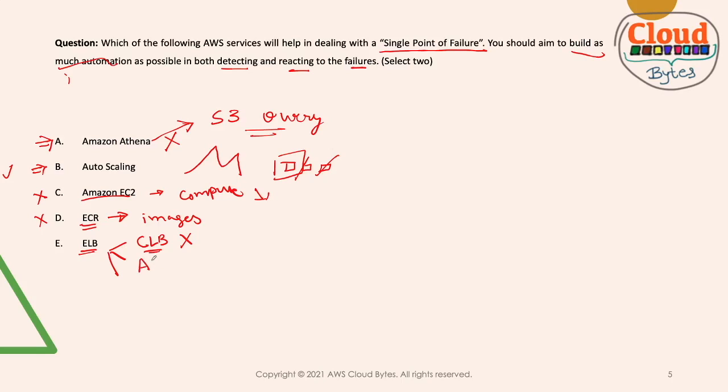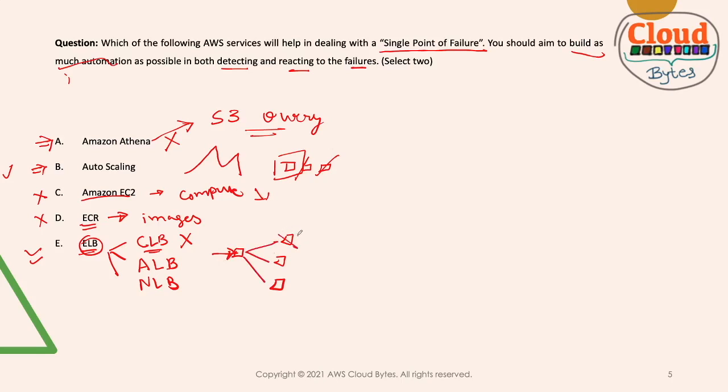There is ALB, which is Application Load Balancer, and then there is NLB, basically Network Load Balancer. So what ELB is doing is hiding your compute instances, any kind of compute that you have, behind one single point that it provides to the customer. So the customer doesn't know who is serving the request.